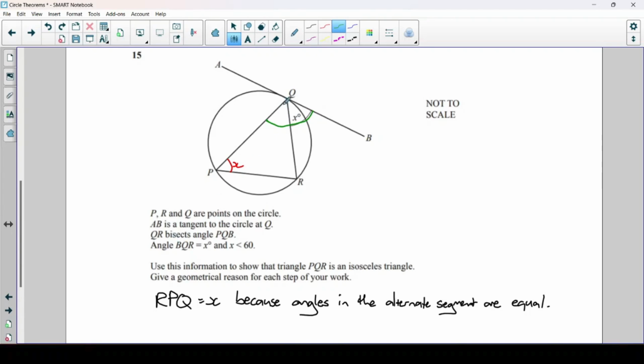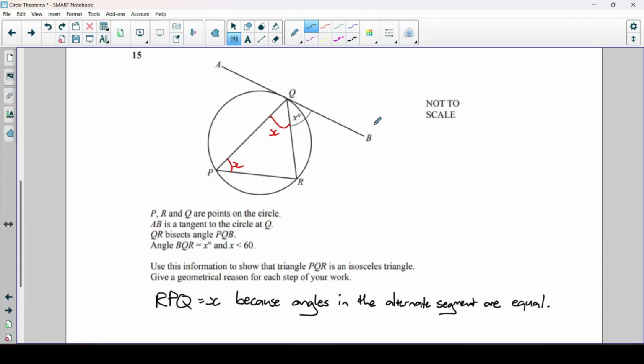Now, if we're told that QR bisects it, to bisect means splits it exactly in two. So that means that that is equal to that. Those two angles there are equal. Okay, so that means that this bit here is also equal to x, because that line is bisecting that whole angle. So I've got that those two things are equal.